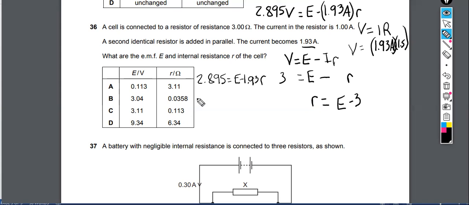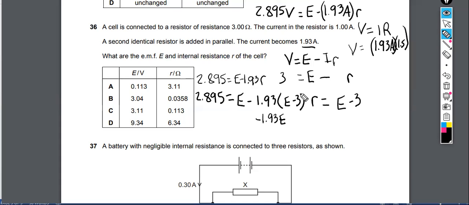So I've got 2.895 equals E minus 1.93 R, but R is E minus 3. Right, and that's substitution. Substituted in E minus 3 for R. Now we distribute, right? Negative 1.93 times E is negative 1.93E.